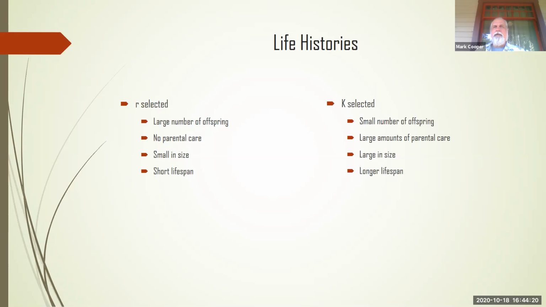K-selected, on the other hand, is better for a stable environment. The problem is if you only have one kid or two kids and you're putting a lot of care into them and they have a long life, the chances are if the environment is changing drastically, they don't do well. Their genes are adapted for the environment when you first conceive them. If it takes them 7 years to get ready to breed, like a California condor, to come of age, that's 7 years.